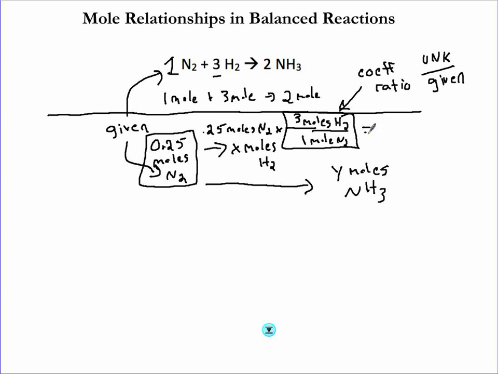So I'm going to use the coefficient of H2 as the numerator, that's my unknown, and 1 mole of N2 in the denominator. So of course when I multiply this through, I'm going to get an answer of 0.75 moles of H2.